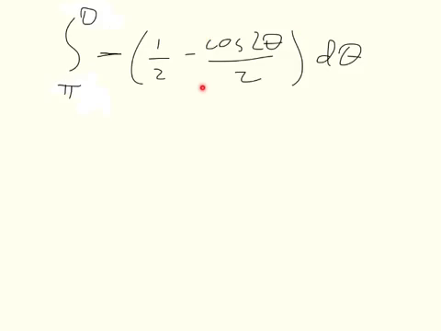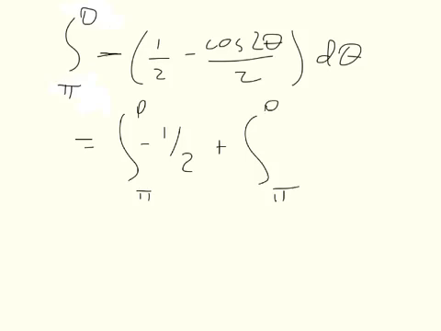Okay, now we're ready to integrate. We can integrate this directly and this directly, so we're splitting it up into two parts and doing those integrals. This is equal to the integral from pi to 0 of -1/2 plus the integral from pi to 0 of 1/2 cosine 2 theta d theta.